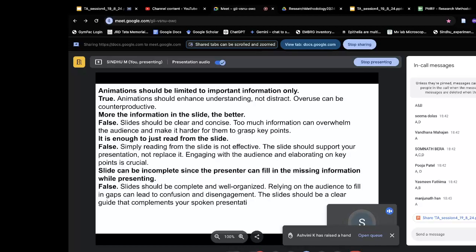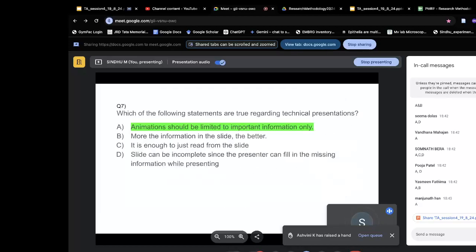This option is also not correct. All of the slides have to be complete, and if there is scope for the audience to fill in, then it would only lead to chaos. So only option A is correct here.